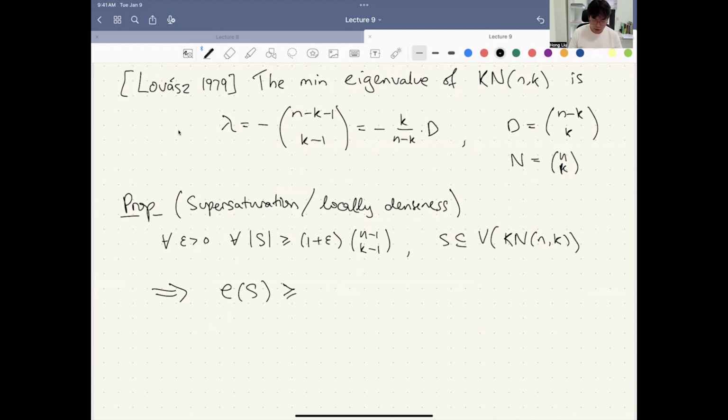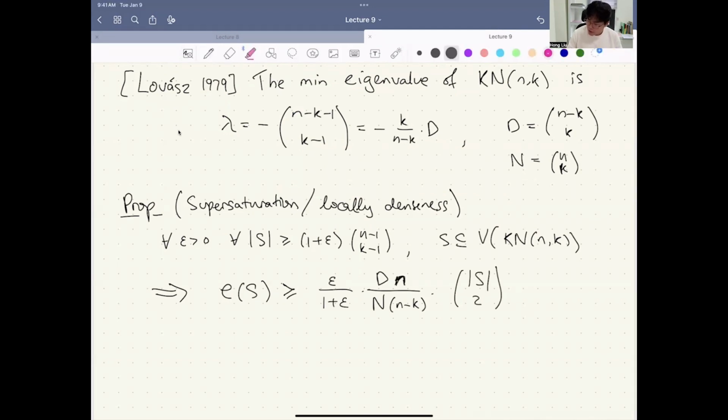The number of edges is at least epsilon over 1 plus epsilon times d n over capital N times (m minus k) times S choose 2.